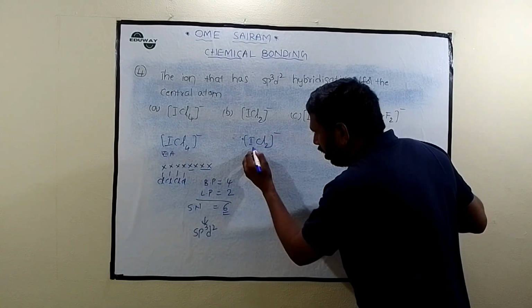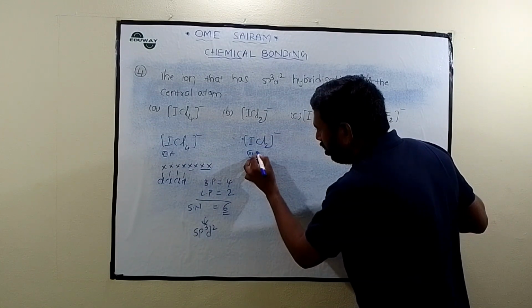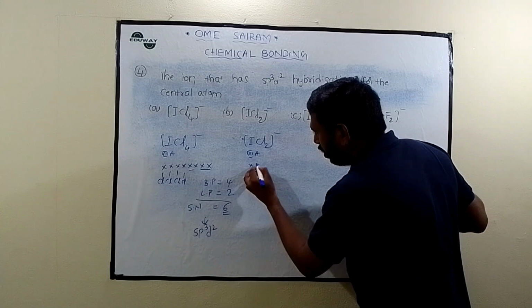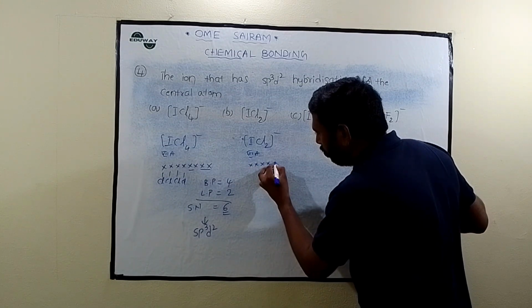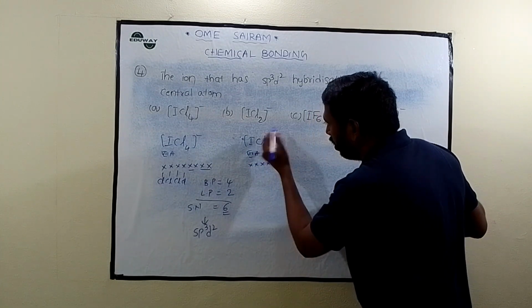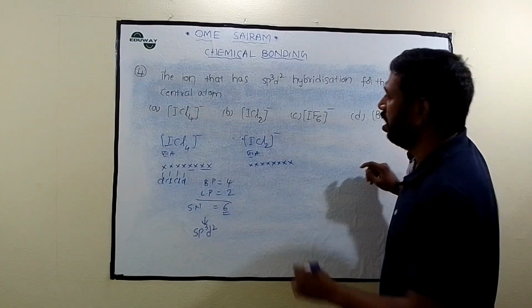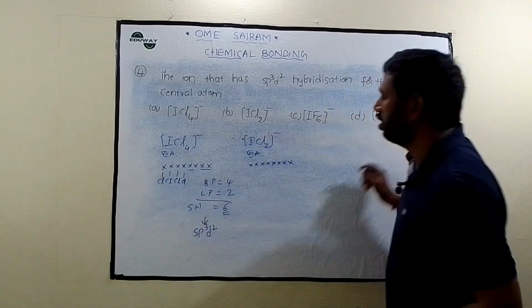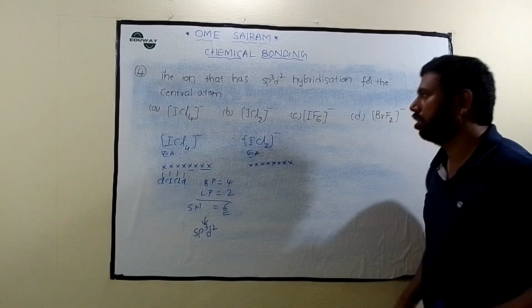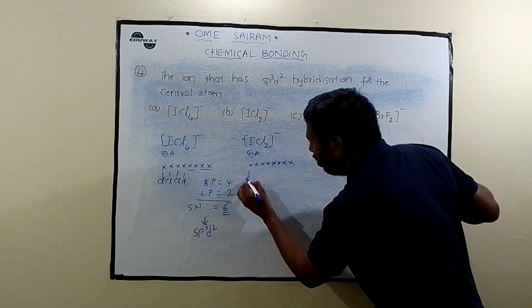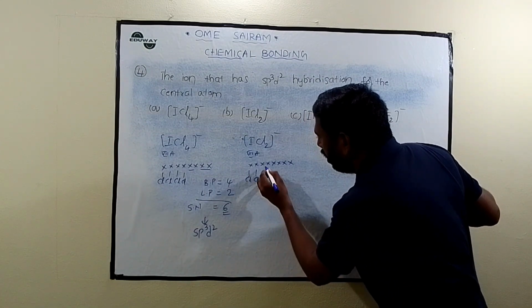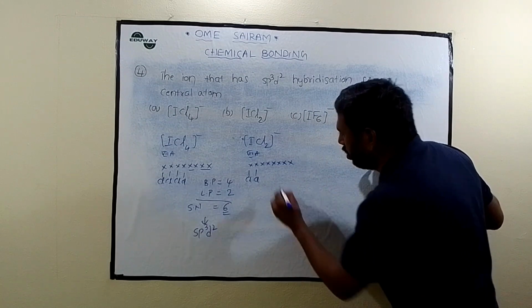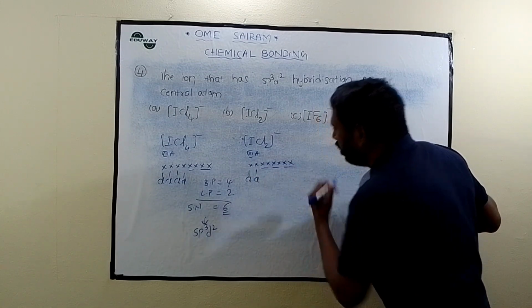Now I am taking the second example, ICl2 minus. Same, iodine belongs to the 7A group element. That means it has 7 valence electrons, 1, 2, 3, 4, 5, 6, 7, and 1 electron is excess. And iodine can form 2 bonds with the 2 chlorine atoms, and the remaining 6 electrons exist as 3 lone pairs.